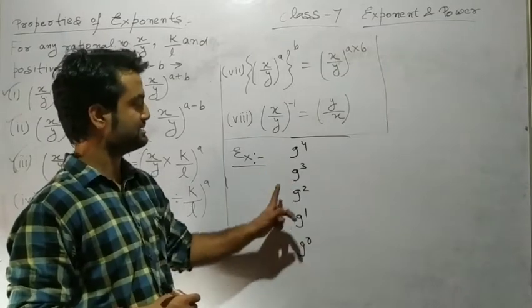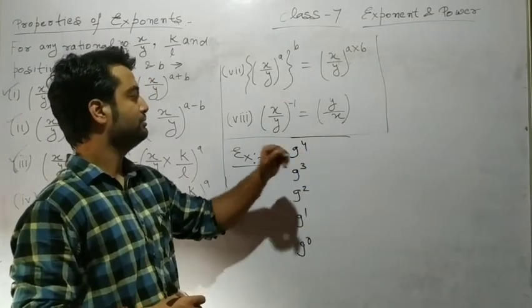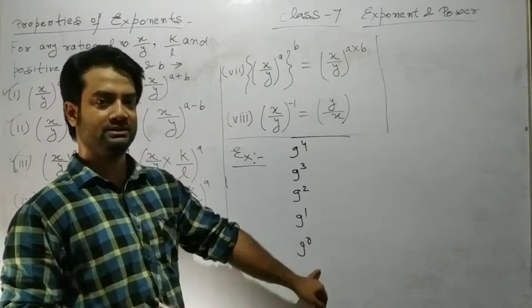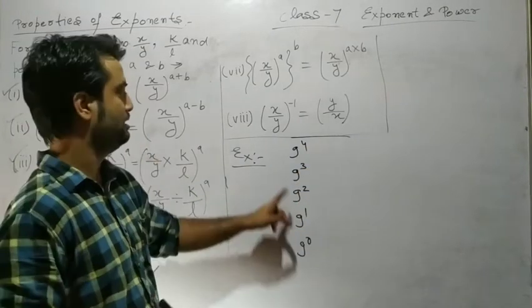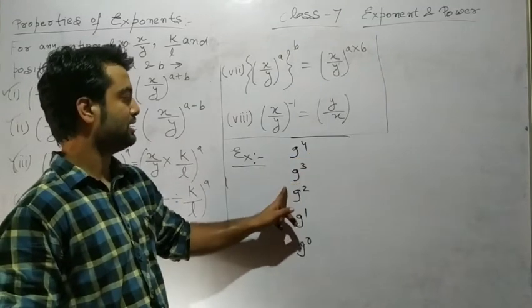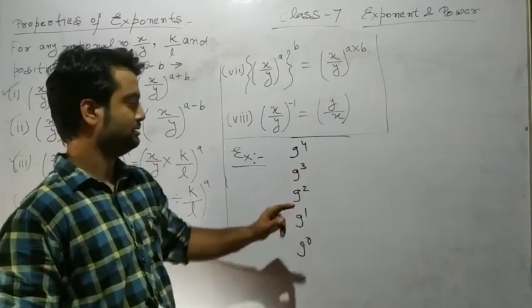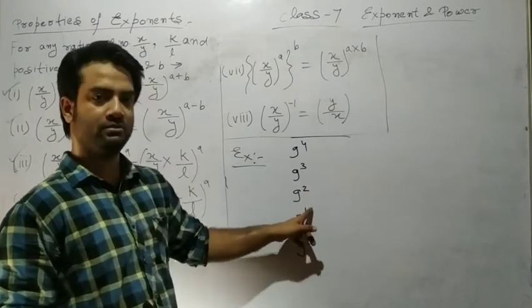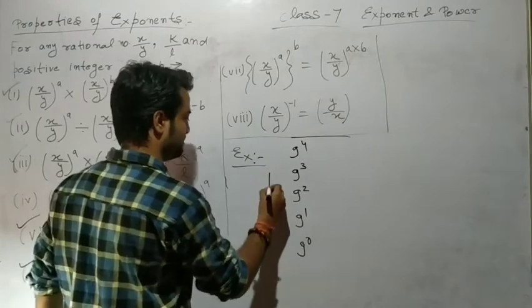Yes, the base is the same, but the exponent is continuously decreasing by 1. It is 9 raised to the power 4, then 4 minus 1 is 3, 9 raised to the power 3, then 9 raised to the power 2, 9 raised to the power 1. So the power is decreasing.